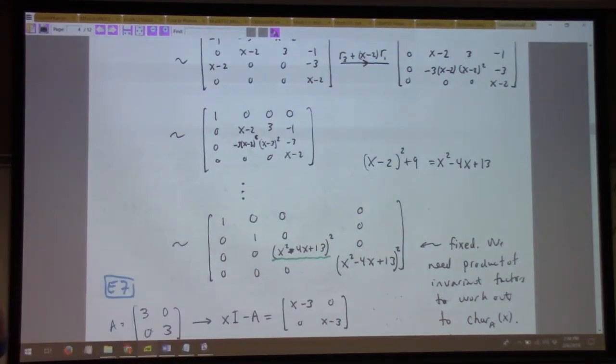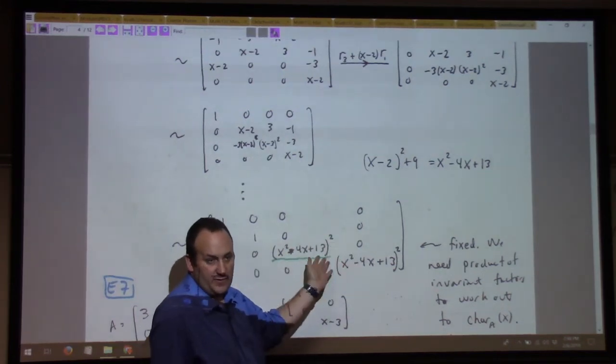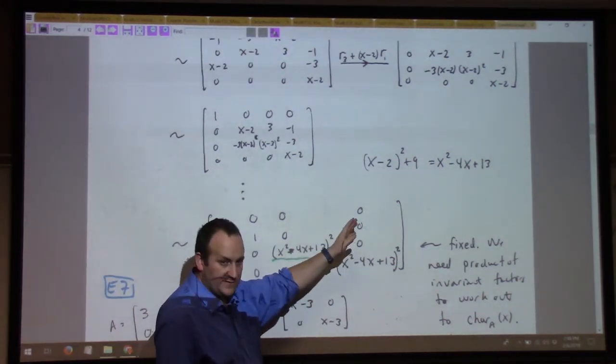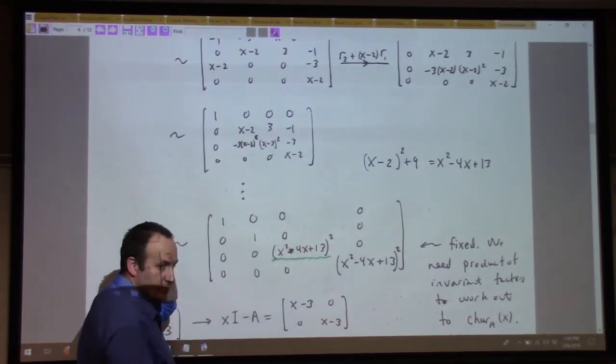And so the rational canonical form here would just look like a 4 by 4 matrix with 1s down the subdiagonal, and whatever this multiplies out to. It starts with a minus 169 and so forth.